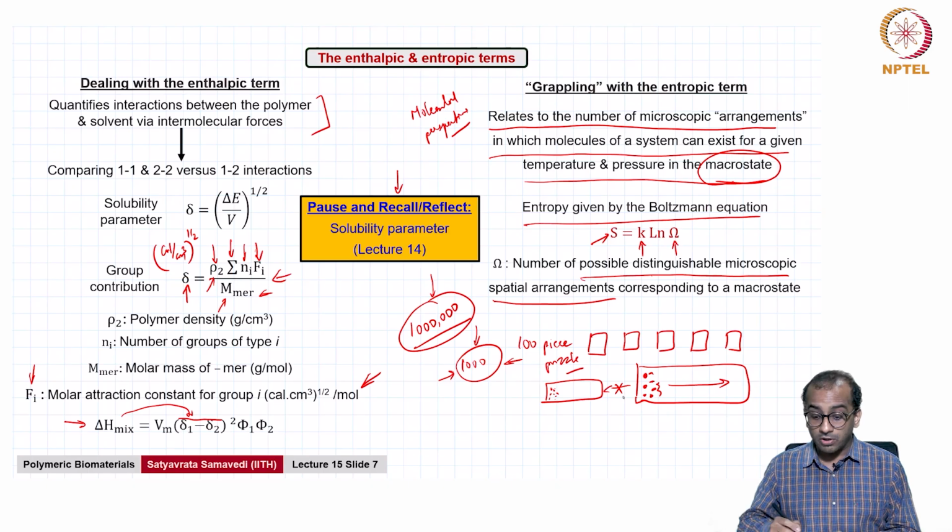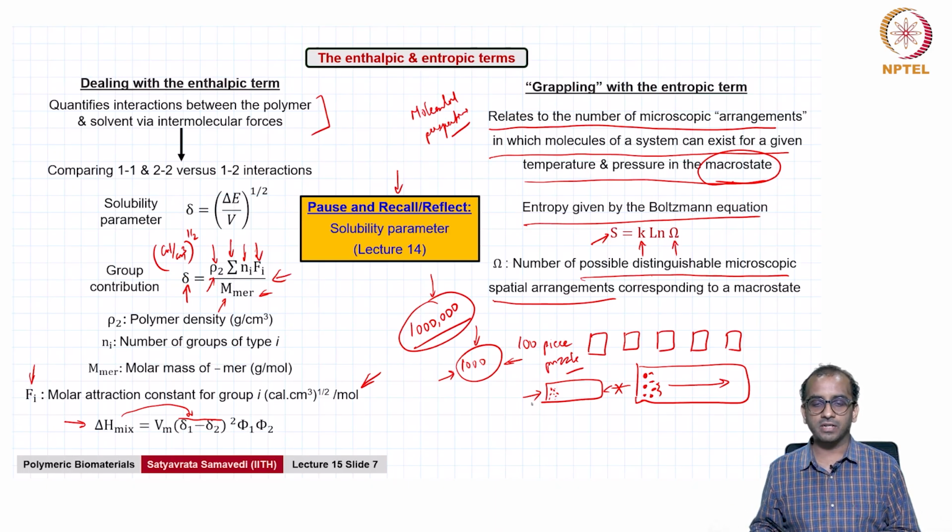The probability of this configuration occurring is so low that you might have to wait essentially the lifetime of this universe to perhaps see this kind of a state occurring on its own. Whereas the number of ways in which the molecules can be arranged throughout is so many that that is the more probable situation that will occur.